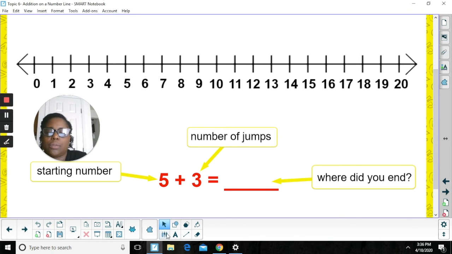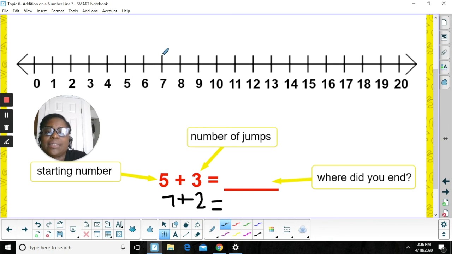Okay, so now let's just do one more problem using the number line. So if we have here, let's do 7 plus 2. What is our starting number? Did you say 7? Yes.